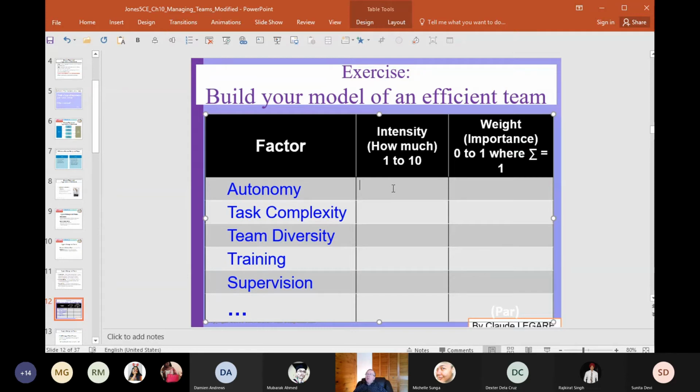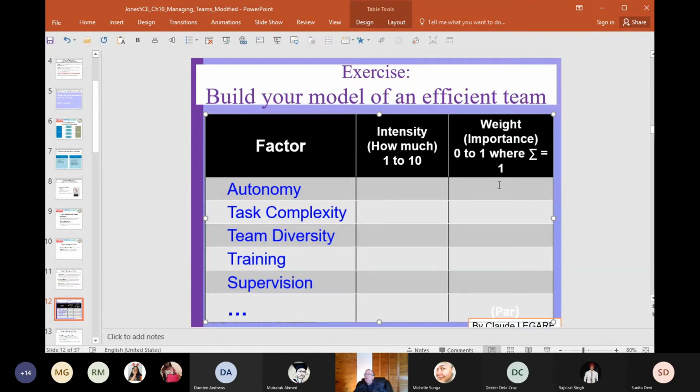And if you think on the opposite, that an efficient team should be so closely monitored that every decision must be referred to higher authority, therefore you will give it an intensity of 1, right? And so on for these other factors.